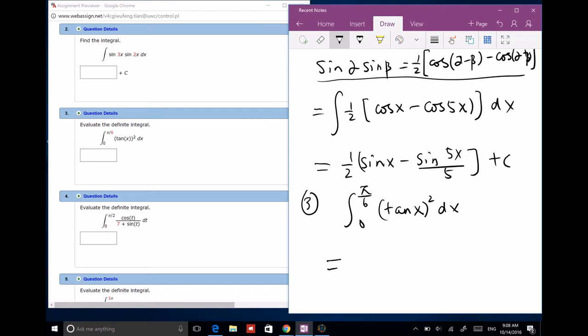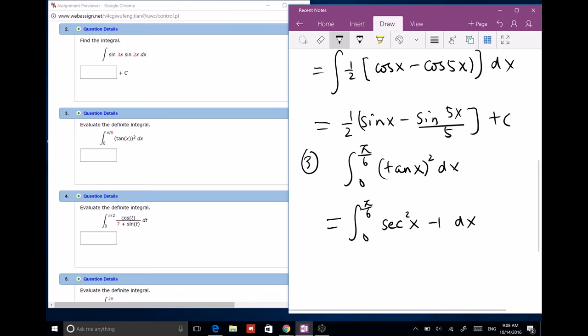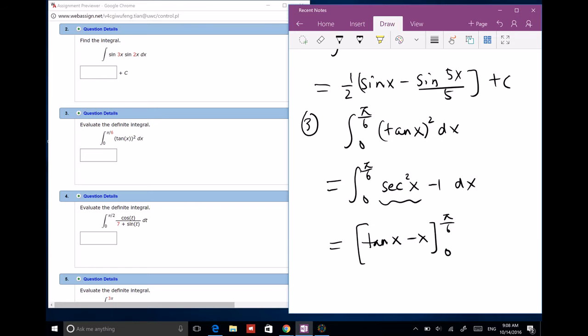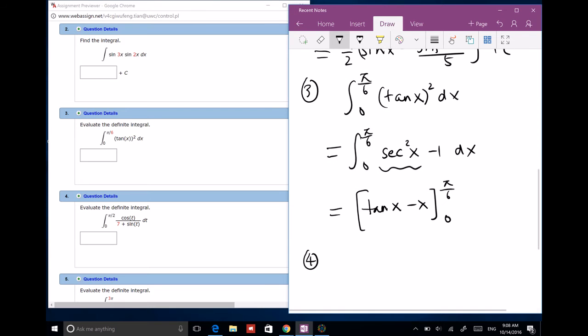Turn it into secant squared x minus 1. Yes, perfect, thank you very much. The integral from 0 to pi over 6 of secant squared minus 1 dx. The reason we do that is that the antiderivative of secant squared gives you directly tangent x. This one is just x. So from 0 to pi over 6, just plug in. And that's not a big problem anymore.